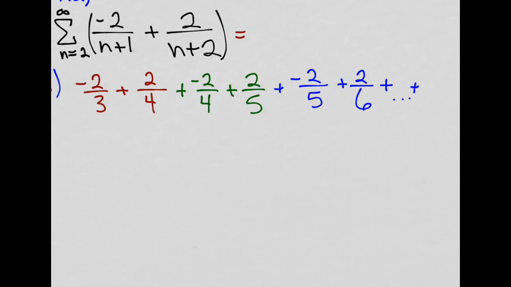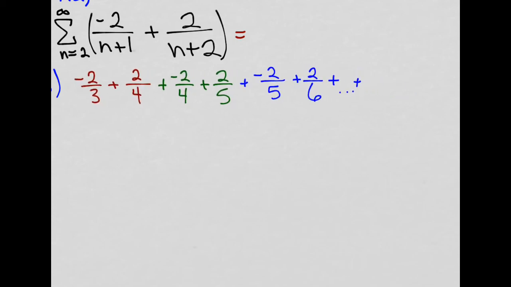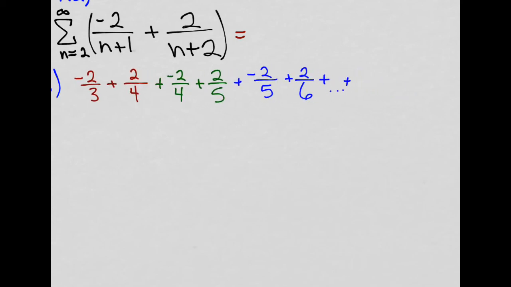But our last two terms, here, let me shrink this up a little bit. Our last two terms will be 2 over however far we choose to go, so I'm going to call it capital N plus 1, minus 2 over N plus 2.